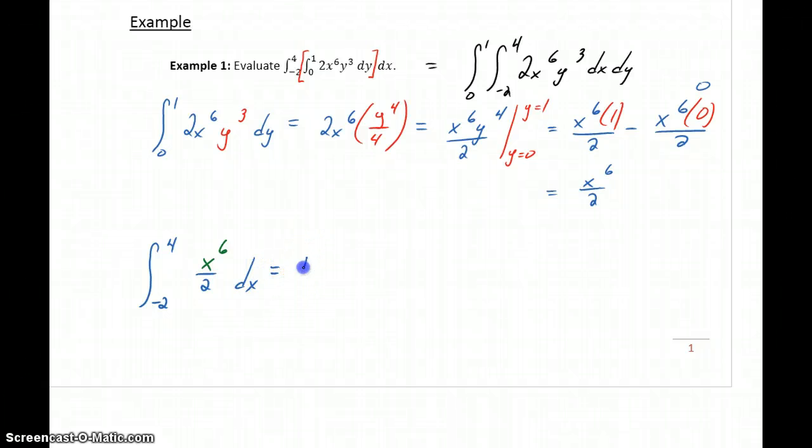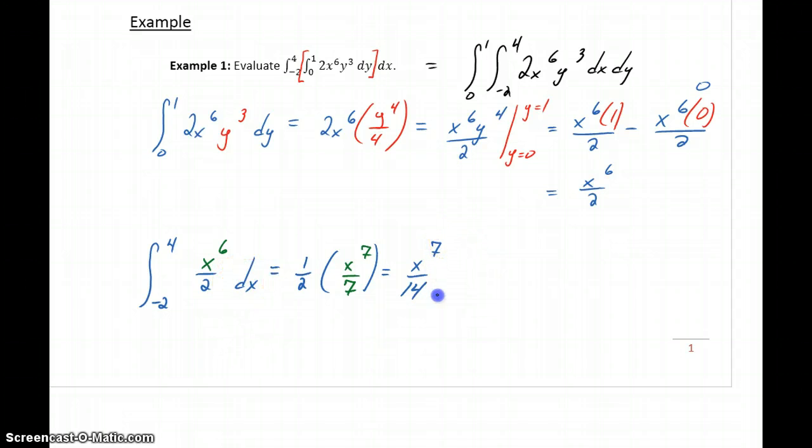So the 1/2 is a constant multiple. We can set that aside and just integrate the x to the sixth, which will become x to the 7th over 7. Or x to the 7th over 14.